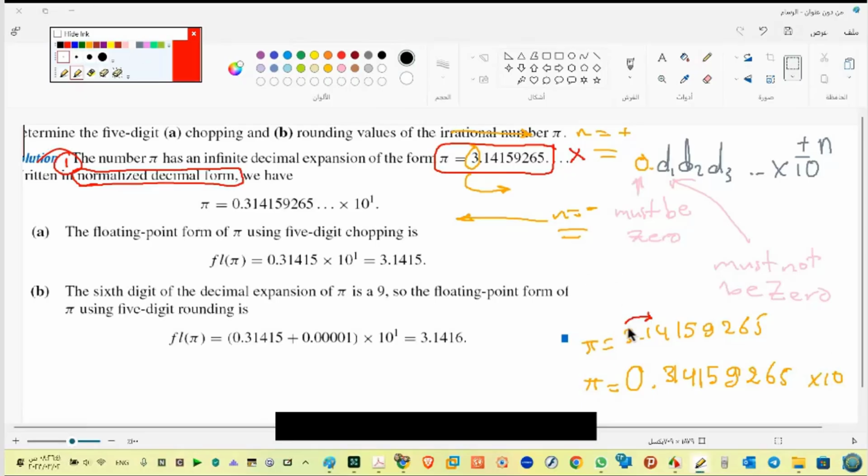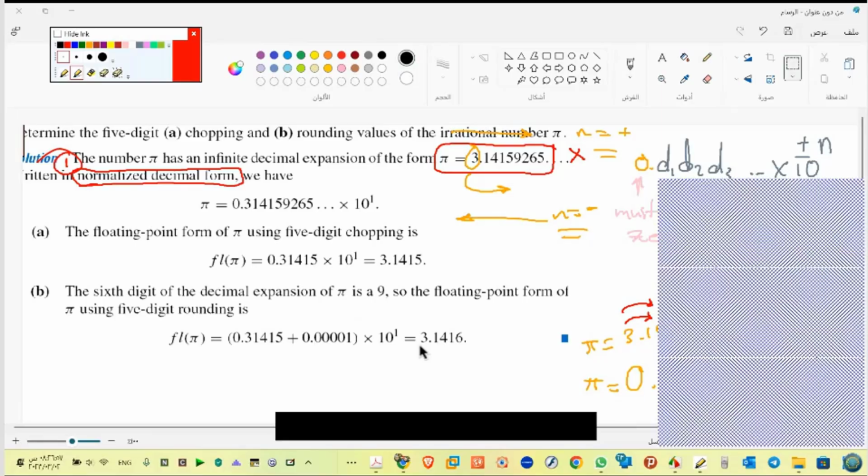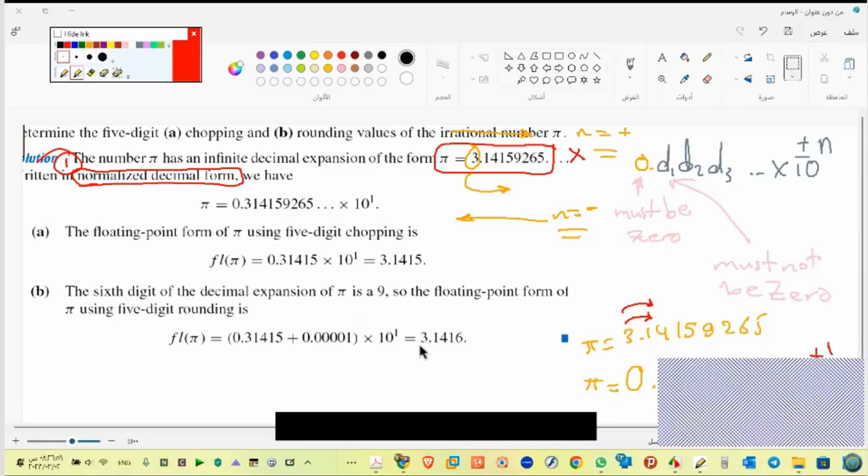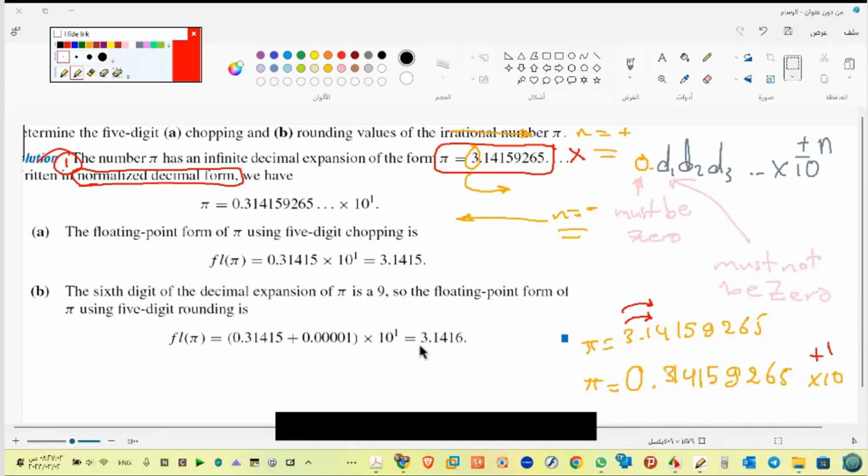I shifted one step, so the exponent is positive: 10 exponential 1. Got it? Should I repeat or is it clear?